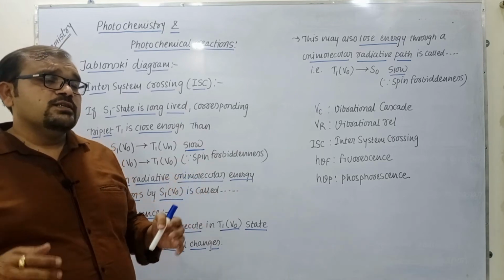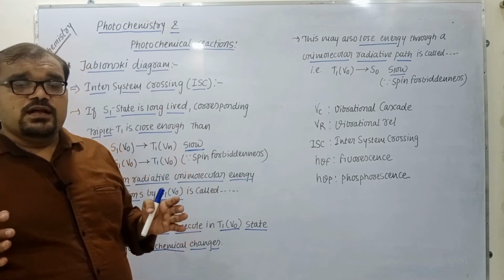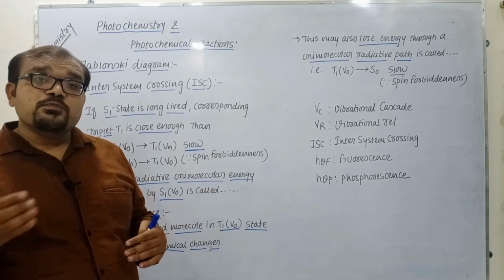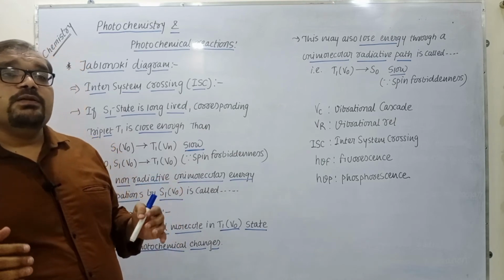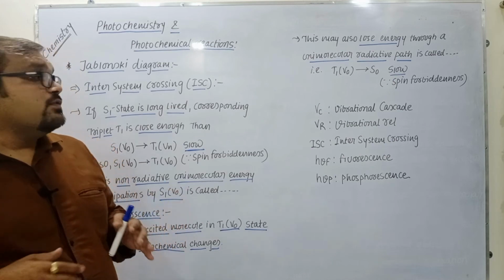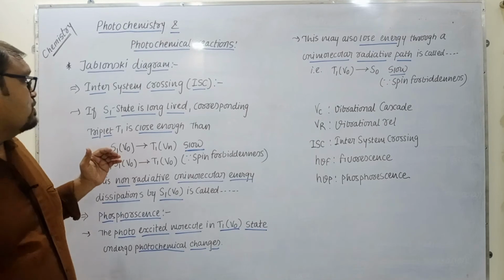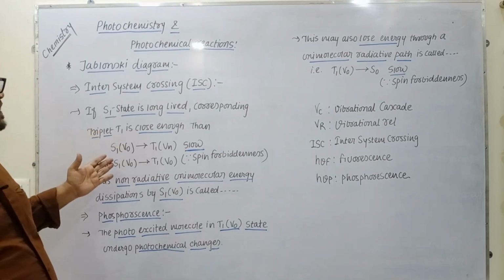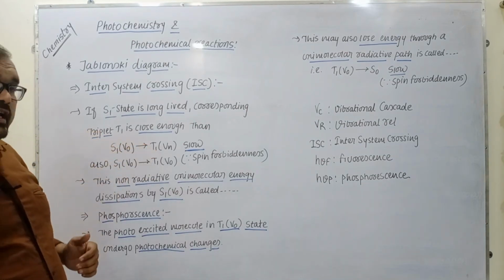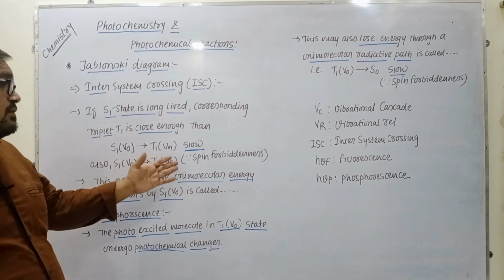The first one is, if the S1 state is long lived and the corresponding triplet T1 state is close enough, then, as we can see here, there is a transition of an electron from S1V0 to T1Vn or S1V0 to T1V0.